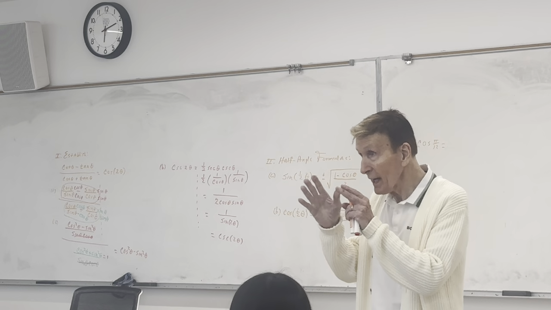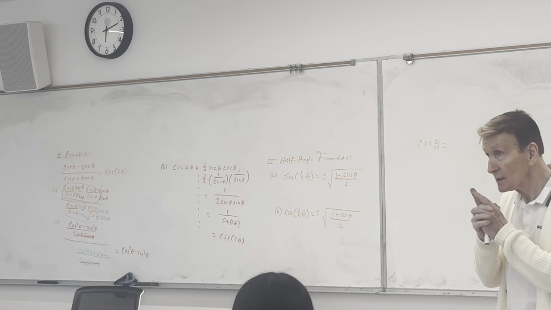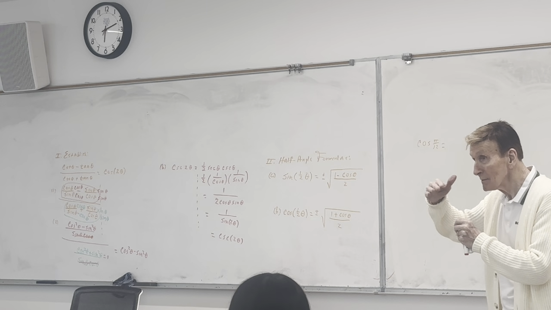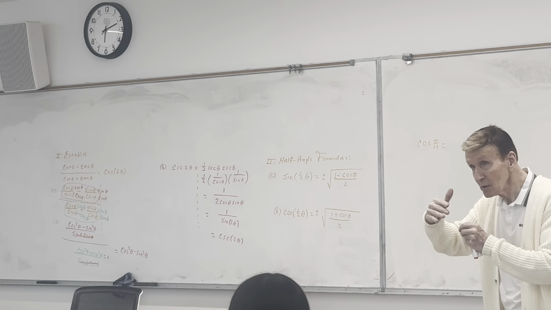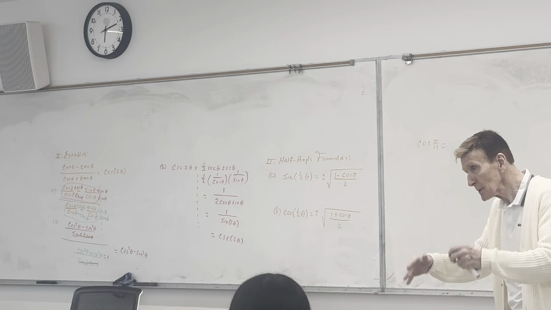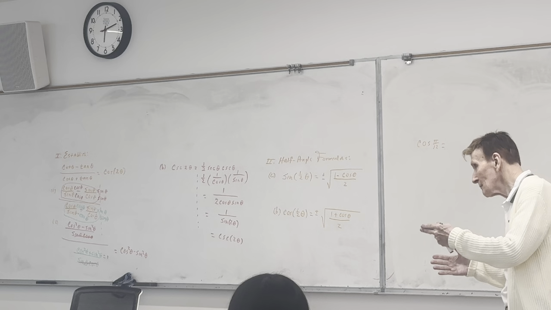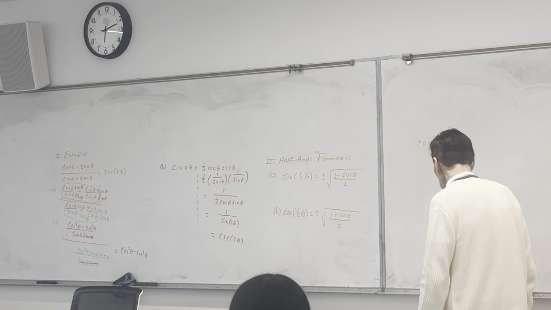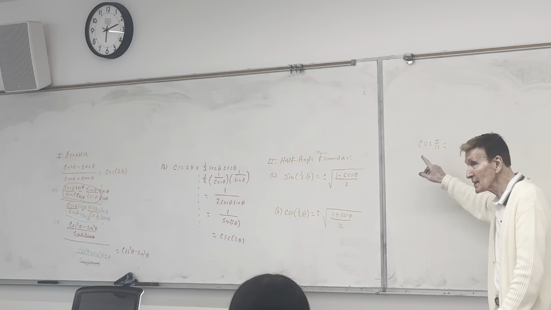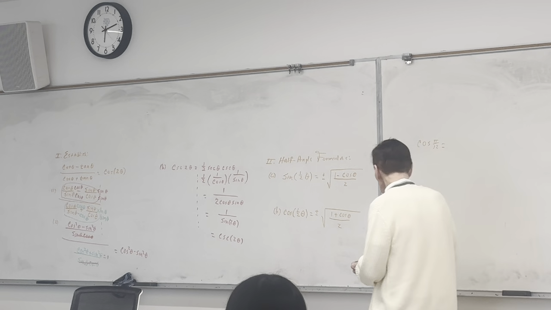So I said, just find cosine pi over 12, that's one of the questions for the final exam. I took the test also, I had my answers. So I started comparing my test to my students' tests. So what I did, I wrote this as cosine of, just watch. I wrote this one as this.